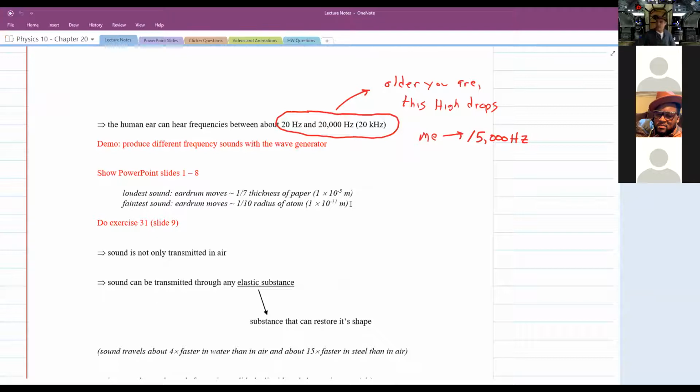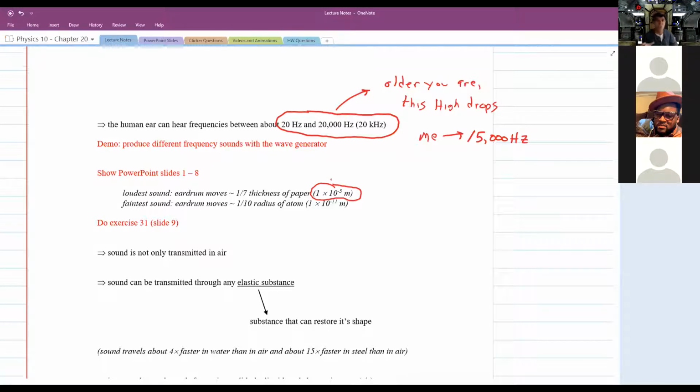The loudest sound that you can hear, your eardrum is only moving back and forth about 10 to the minus 5 meters. So about 1/7 the thickness of a sheet of paper. That's how much your eardrum is moving back and forth when there's a sound that's almost as loud as you could bear.